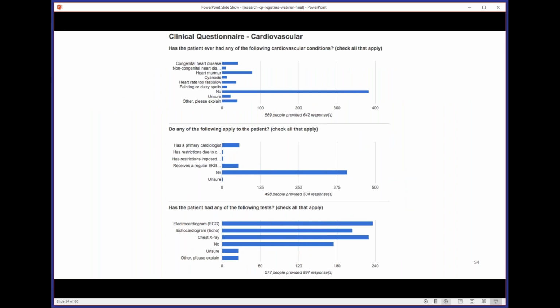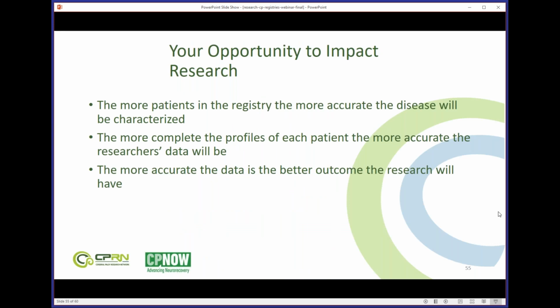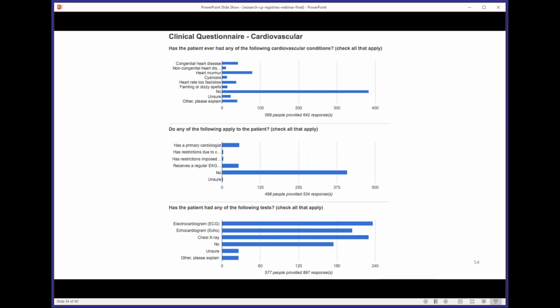This would be an example of aggregate. We have a cardiac questionnaire, or cardiac questions within our clinical questionnaire. So after I filled it out, I, as a parent who's filled out the information, could look at that and see that a certain number of kids have had a heart murmur.